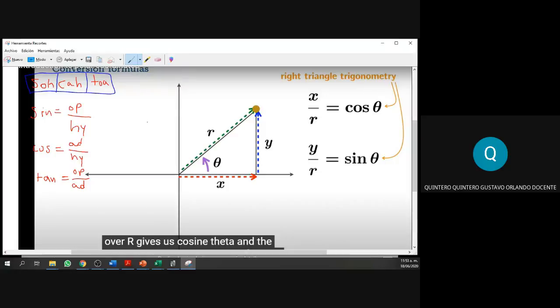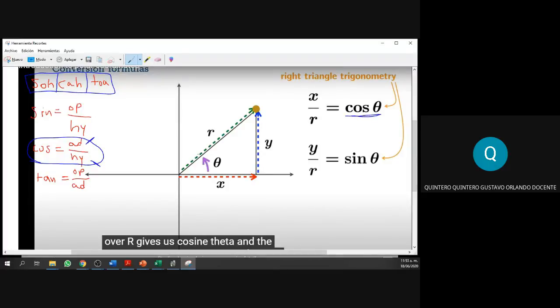All right. So if we apply the right angle trigonometry to this triangle over here, if we apply these formulas, what we find is that cosine of theta is the adjacent side over the hypotenuse.